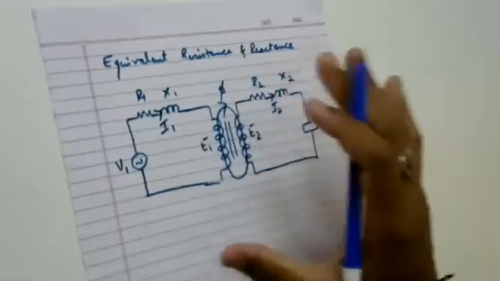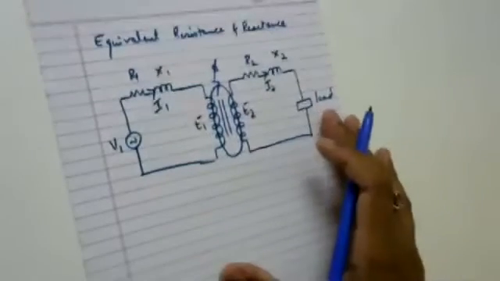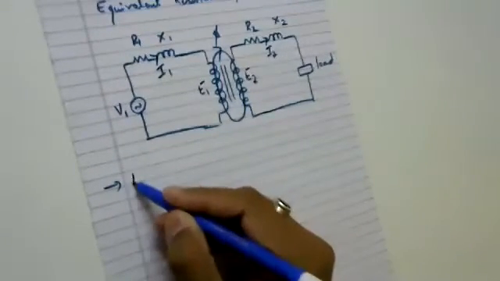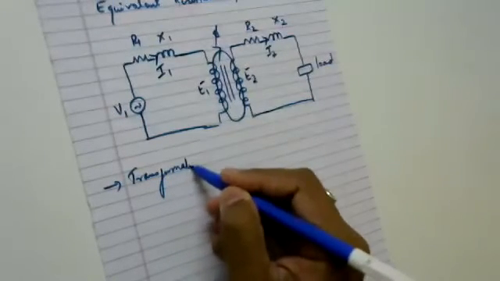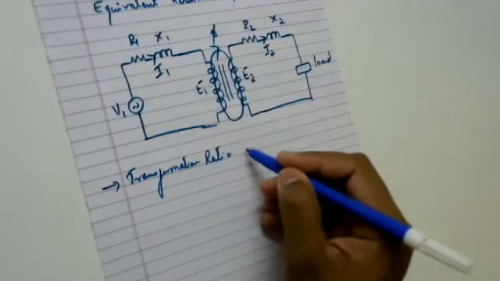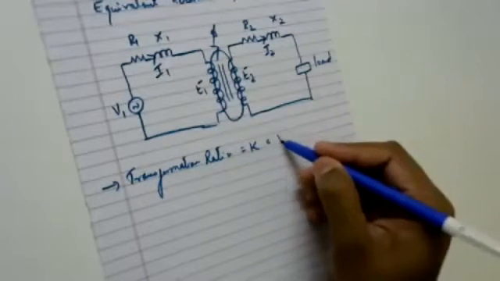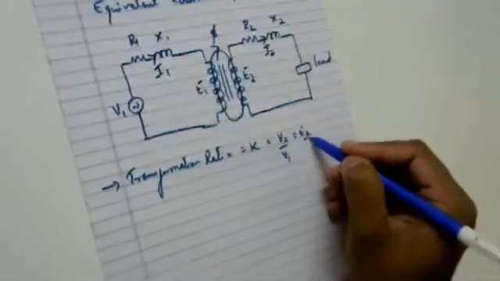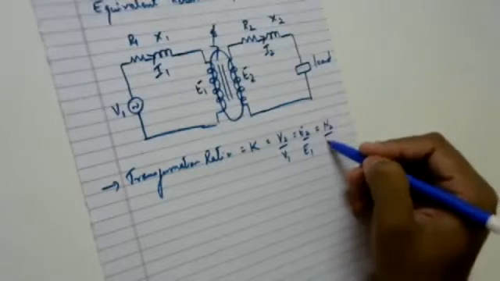More importantly, you should recall what we have discussed prior, which is the transformation ratio. A very important topic. As we have already discussed, we defined the transformation ratio as some constant K, which equals V2 by V1, which equals E2 by E1, which equals N2 by N1.